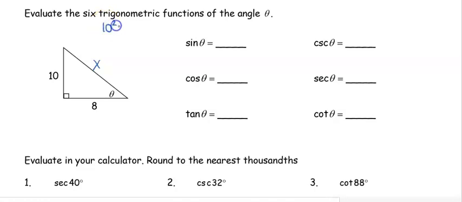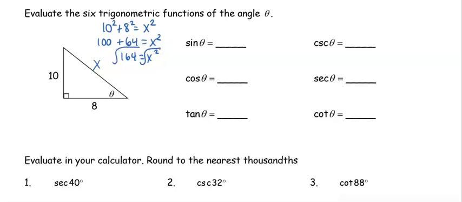So I do my leg squared plus leg squared is equal to the hypotenuse squared. 10 squared is 100. 8 squared is 64. When we go to put this together, we realize that this is not a perfect square. You are not going to use the decimal. We are going to use exact answers. So we break down the 164 with our factor tree: 4 and 41.